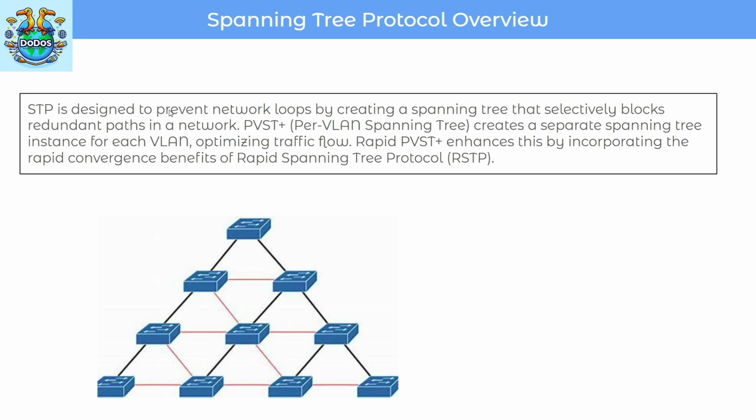STP is designed to prevent network loops by creating a spanning tree that selectively blocks redundant paths in a network. PVST+, per-VLAN spanning tree, creates a separate spanning tree instance for each VLAN, optimizing traffic flow. Rapid PVST+ enhances this by incorporating the rapid convergence benefits of Rapid Spanning Tree Protocol, or RSTP.